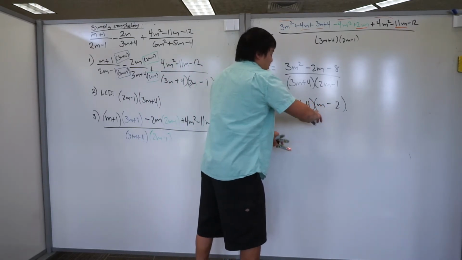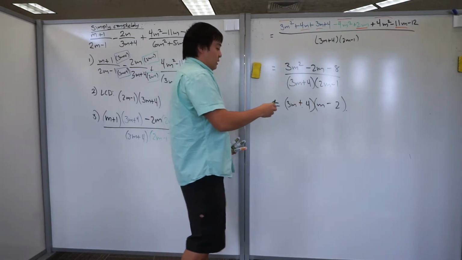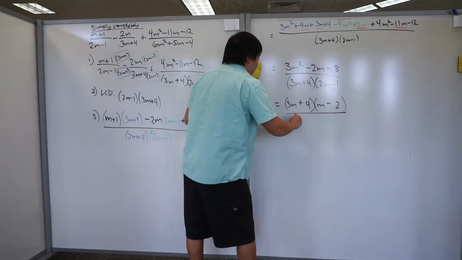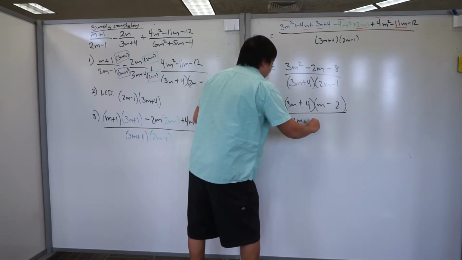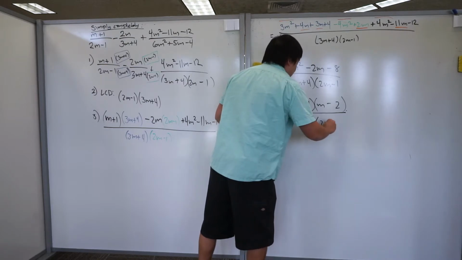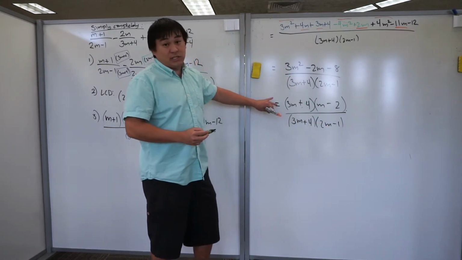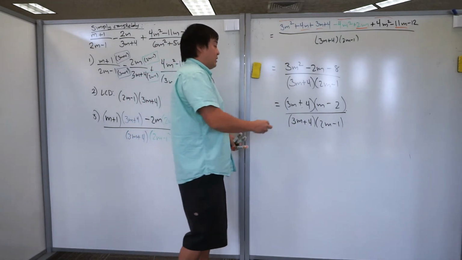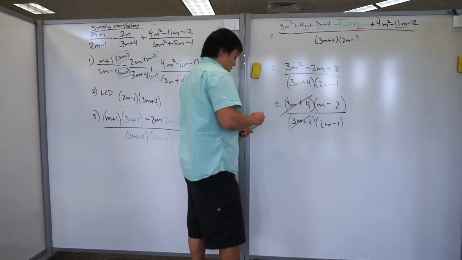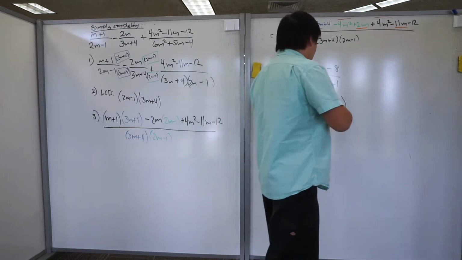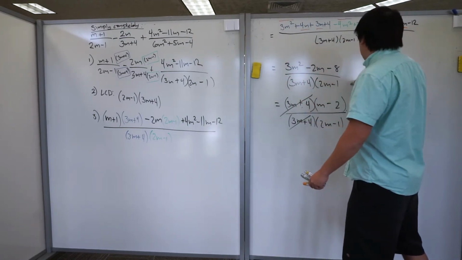Negative 6 plus 4 gives you a negative 2. And this is all divided by 3m plus 4 times 2m minus 1. Okay. So notice that if you actually simplified it, there is some sort of cancellation, right? It's these two.